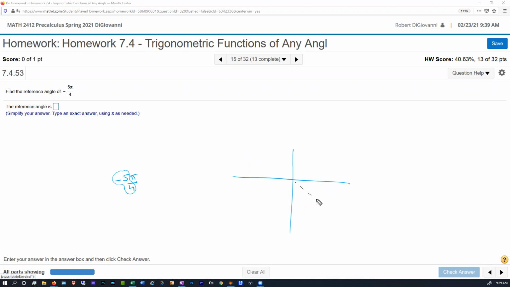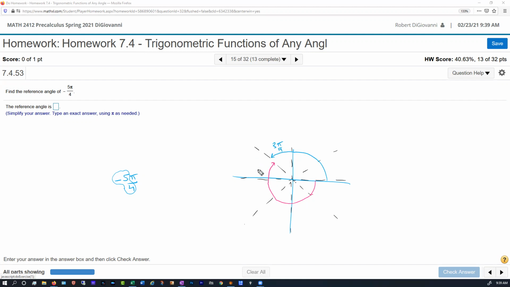We know that the pi over 4s land on these. Those are our pi over 4s. So negative 5 pi over 4 took us, let me count those, 1, 2, 3, 4, 5. So we're here. That is the same as going 1, 2, 3, which is 3 pi over 4.